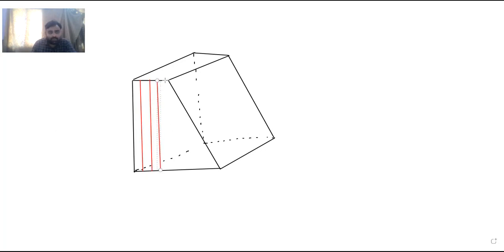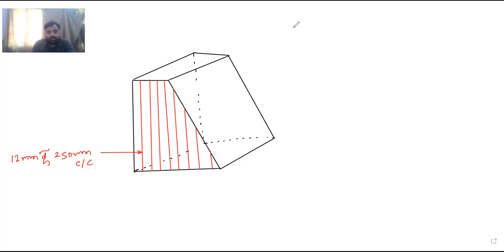Here the vertical ties will be there, and these vertical ties are 12 mm about 250 mm center to center.